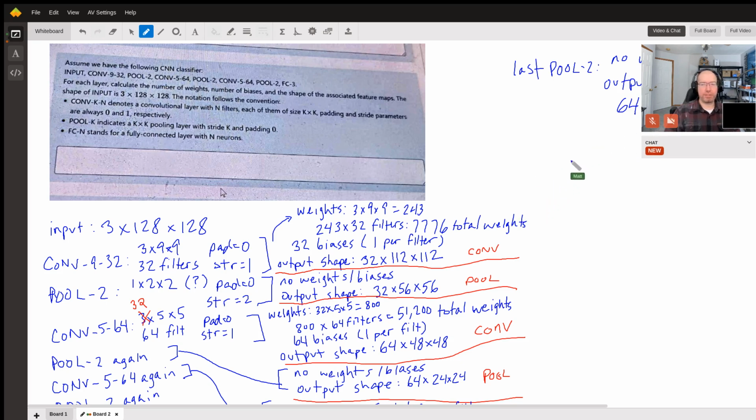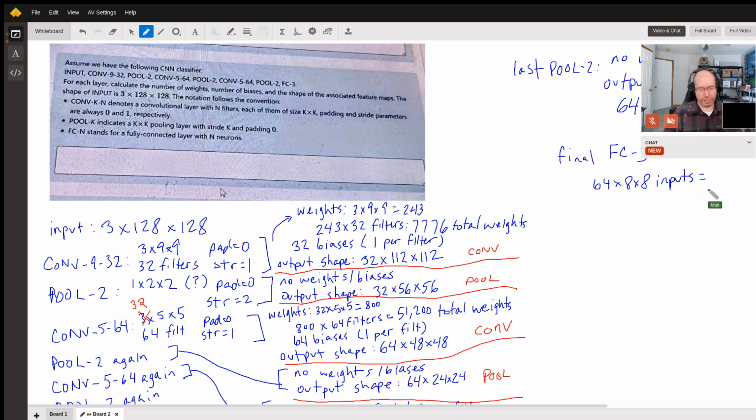And then our final FC3. So this is implicit, but I think in TensorFlow, you'd have a flattening layer explicitly. PyTorch might do it automatically. So we'd have 64 by 8 by 8 inputs.